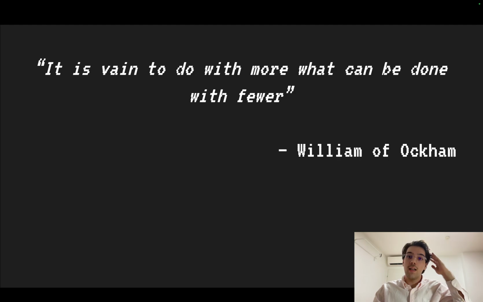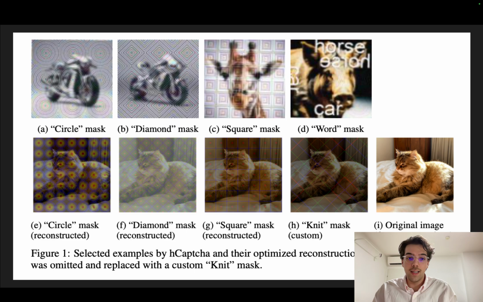And the next step was just to find very, very simple adversarial attacks that we could apply on our dataset. So we found hCaptcha, and they had some really, really simplistic examples with masks that have geometric forms like circles, diamonds, and squares. And we also made our own knit mask.